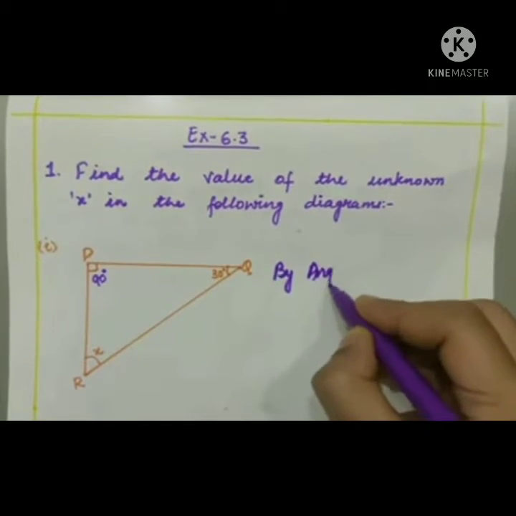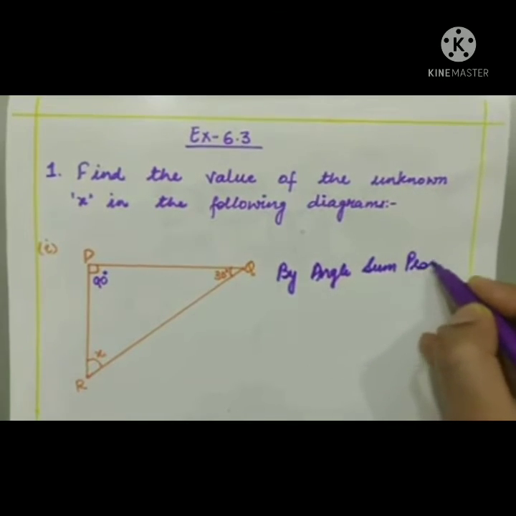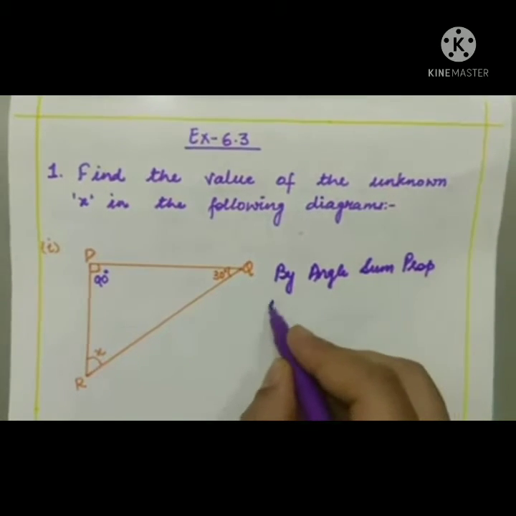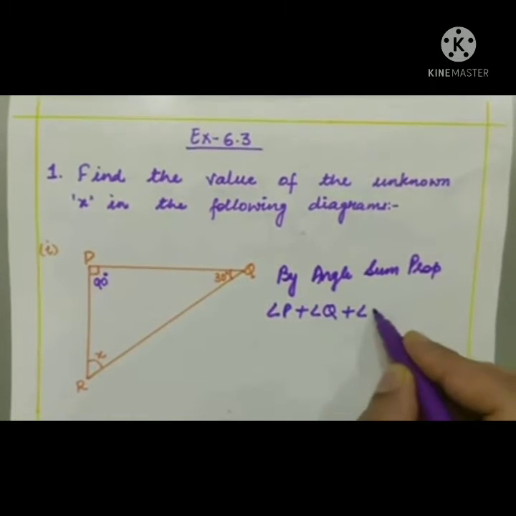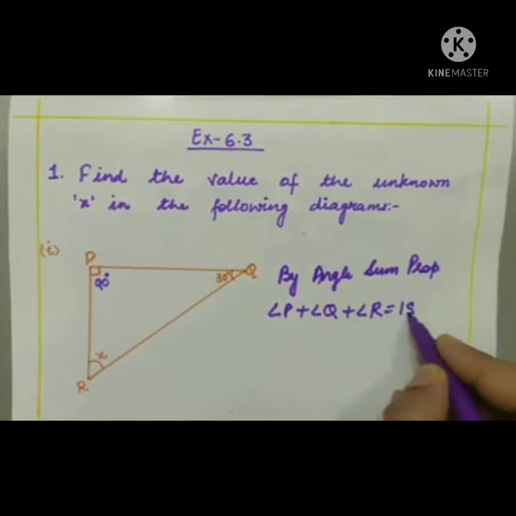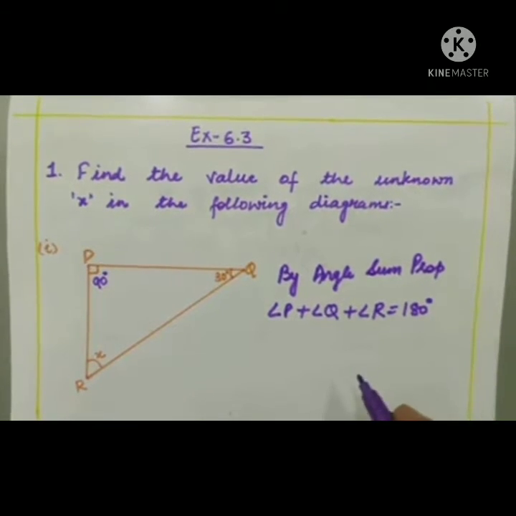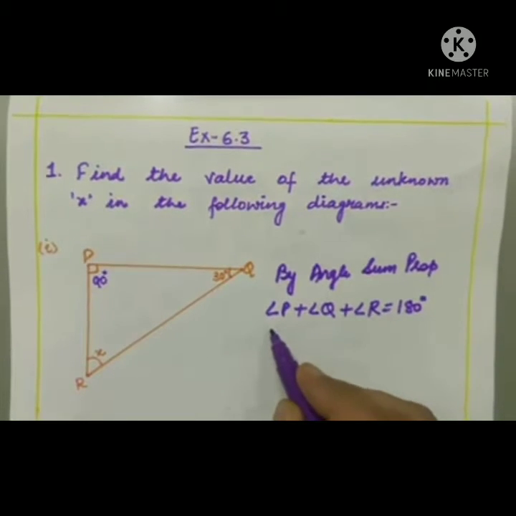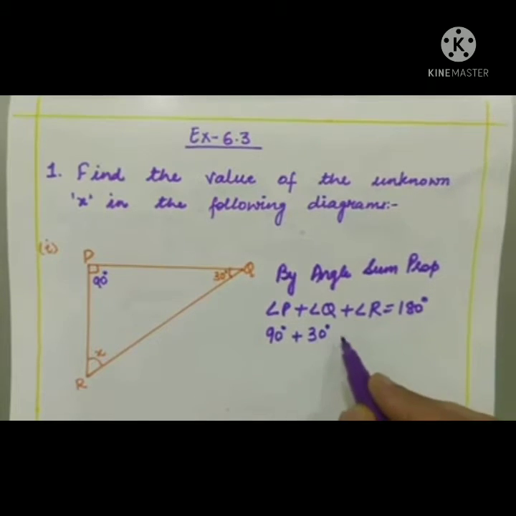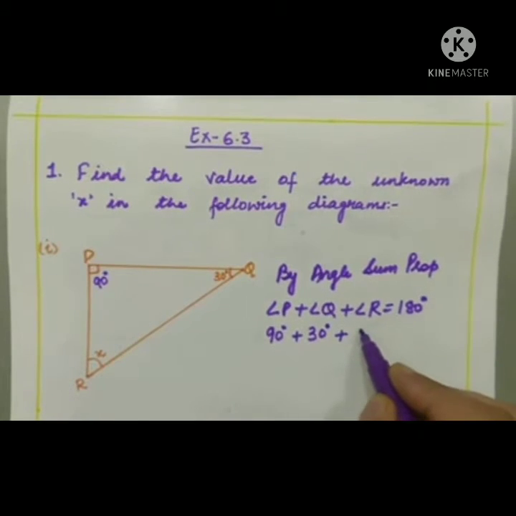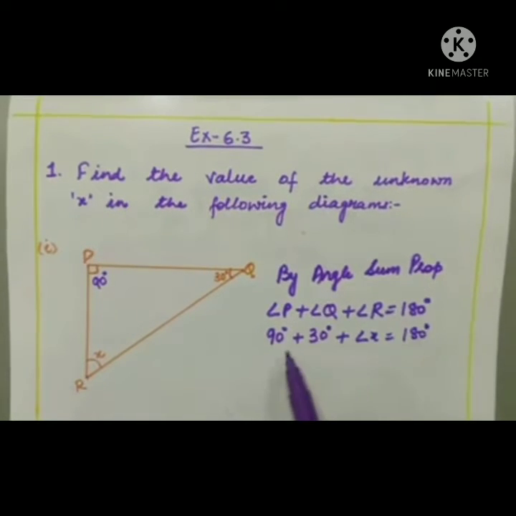We write, by angle sum property, angle P plus angle Q plus angle R is equal to 180 degrees, as the sum of all interior angles of a triangle is 180 degrees. So angle P is 90 degrees, angle Q is 30 degrees and angle R is angle x, equal to 180 degrees.